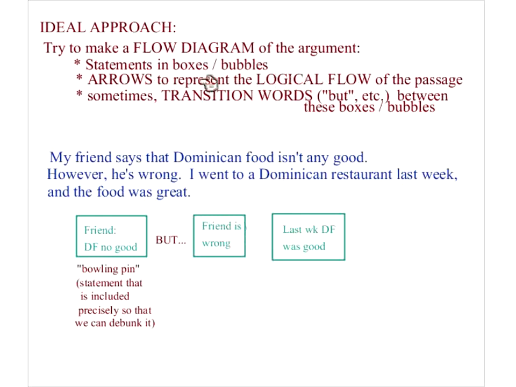Because the way the logical flow works is either this statement supports that one or that one supports this one. So go ahead and tell me in the text box, do you think statement 1 supports statement 2, or do you think statement 2 is used to support statement 1? Go ahead and tell me in the text box. Yeah, 2 supports 1. Okay, you guys are nailing this, so this is good.